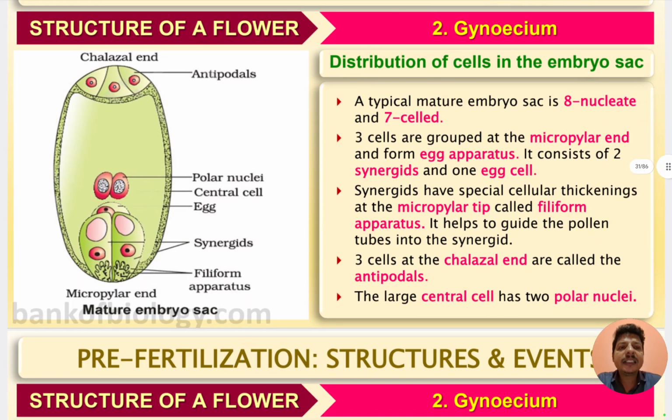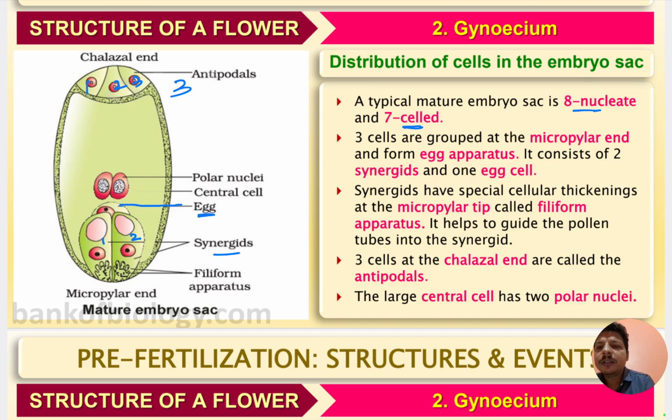Next, distribution of cells in the embryo sac. A typical mature embryo sac is 8-nucleate and 7-celled. Now count: there are 3 antipodals, 1, 2 and 3. Then 2 synergids, and 1 egg cell.